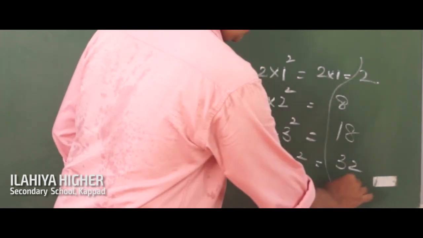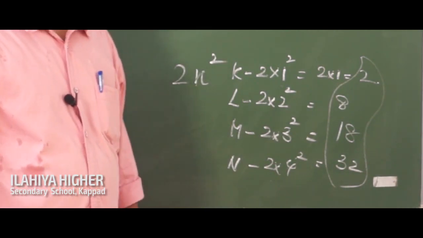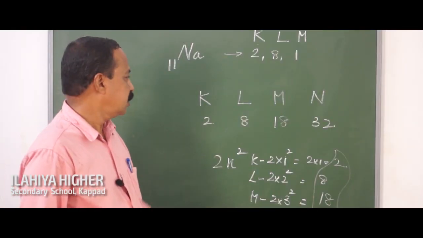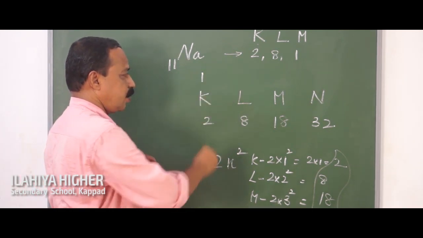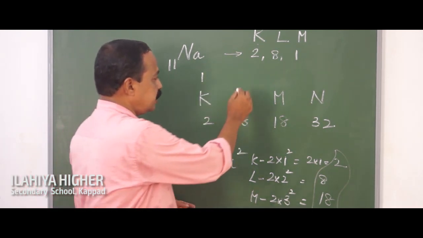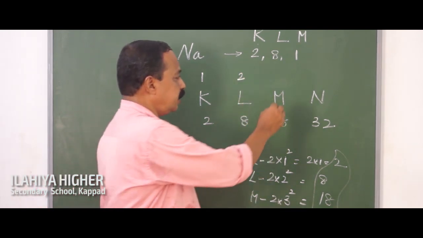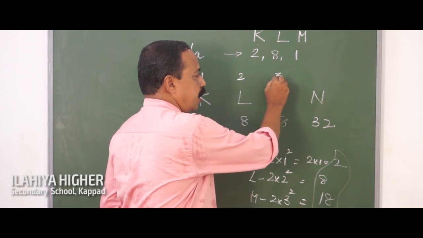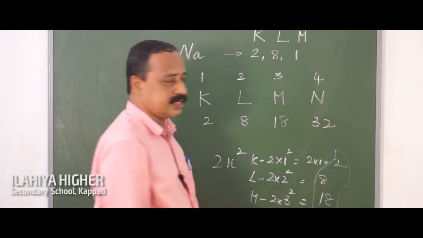These are the maximum numbers of electrons possible in a shell. First shell, K shell; second shell, L shell; third shell, M shell; and fourth shell, N shell.